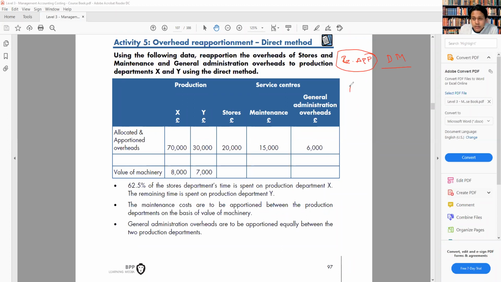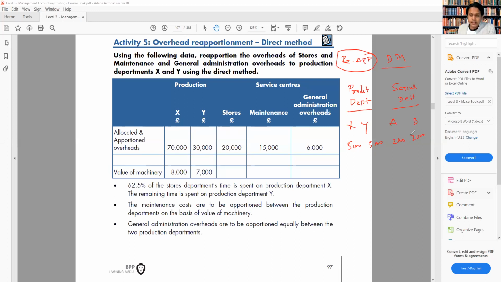We have two production departments, X and Y. We have two service departments, A and B. Let's say the overhead is 5,000, 5,000, 2,000, and 2,000.